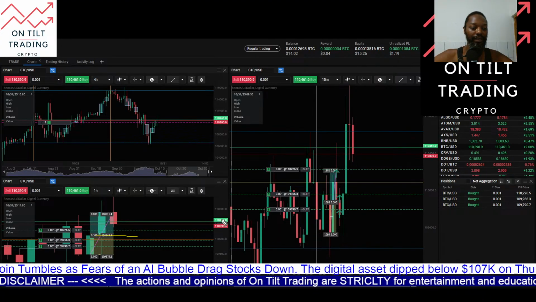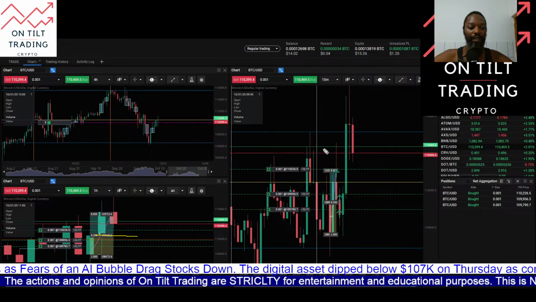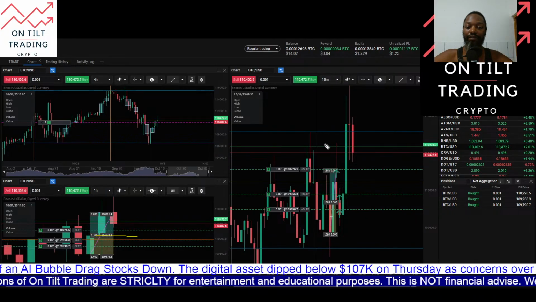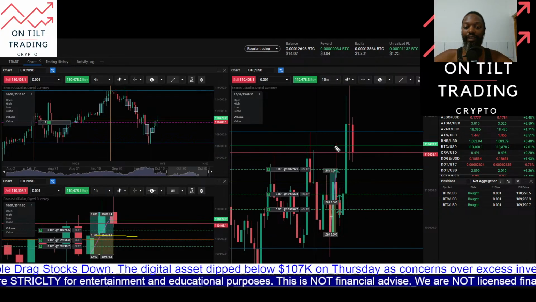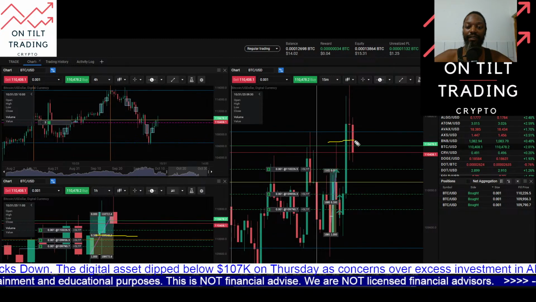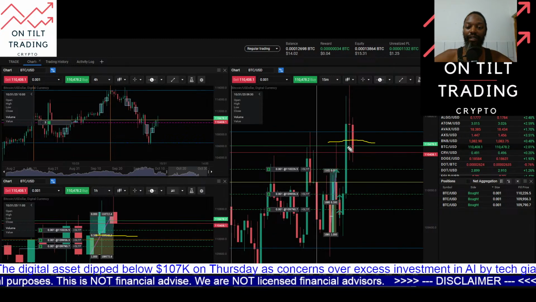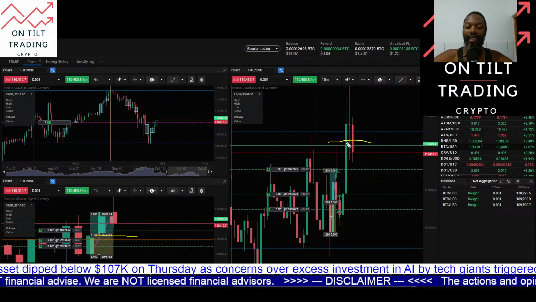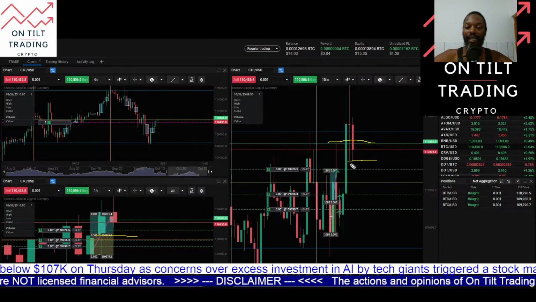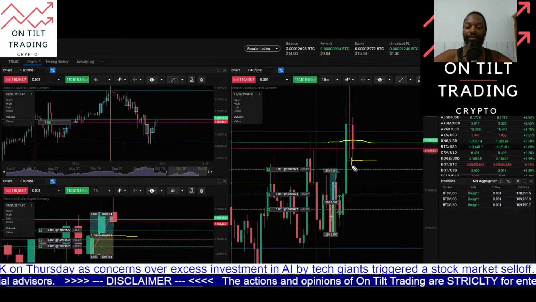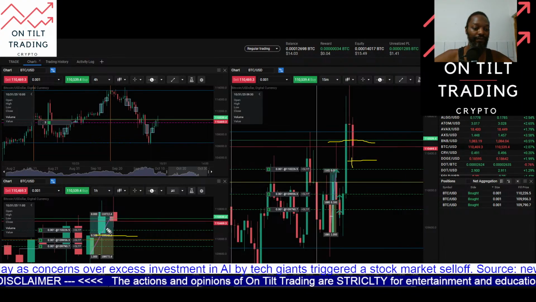If we see here on the 15-minute chart, the swing high here on the 15-minute is right here. So with an add, you could add here. It could add here as price traded into this fair value gap here.